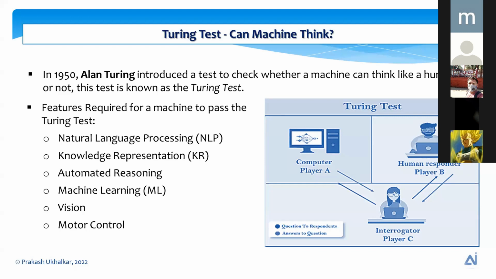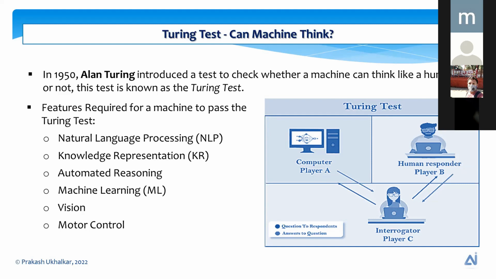So what do you see in the picture? Basically, you can see there are two players. Player A is a computer itself, and player B is a human. They are hidden from the interrogator, player C. So player C cannot see player A and player B. Even player C is not aware of where the computer is and where the human is.